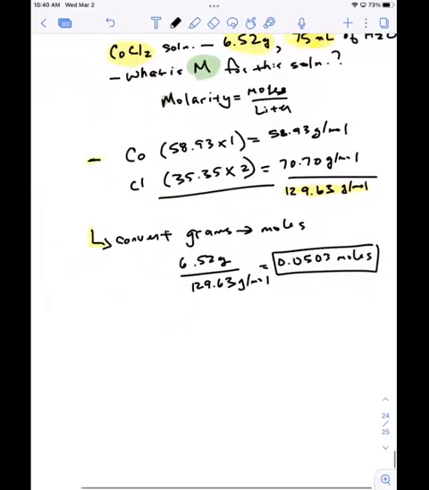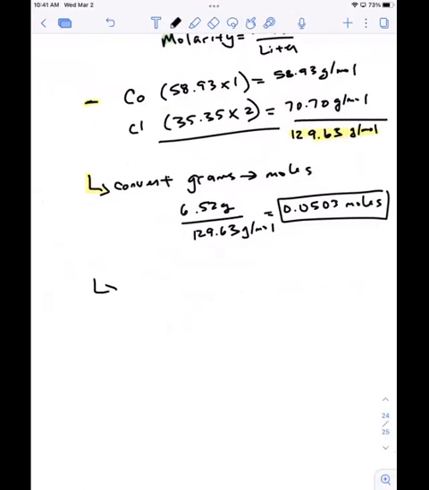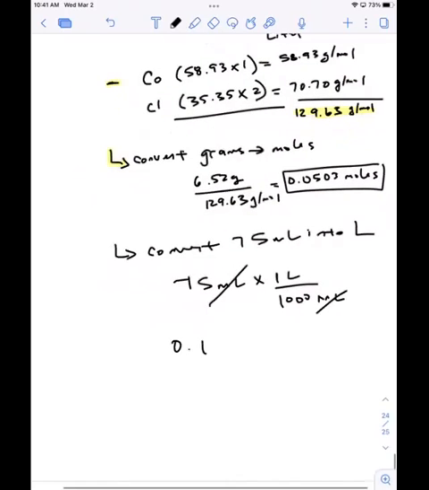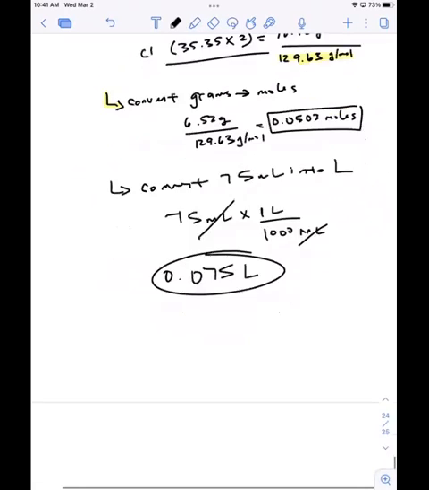So now we've got moles. We know our volume. We need to convert that into liters. It's 75 milliliters times 1 liter over 1,000 milliliters, and that cancels, so we end up with 0.075 liters. Now it's just plug and play.